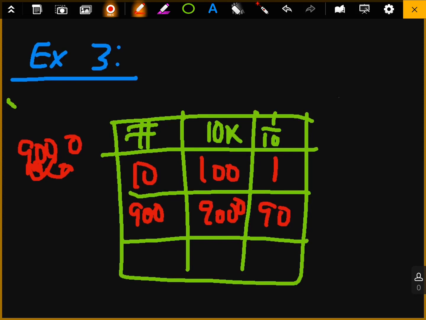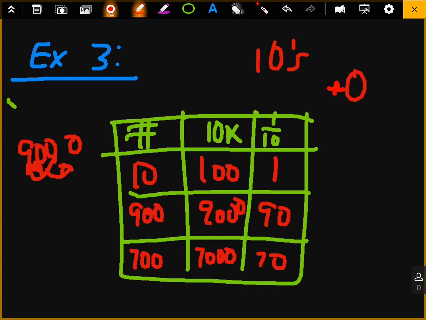And let's do one more number: 700. Well, 10 times 700, just add a 0, 7,000. 1/10 of 700, take away a 0, 70. So understand that place value is in tens, and with tens, that means it's going to be adding or subtracting zeros.